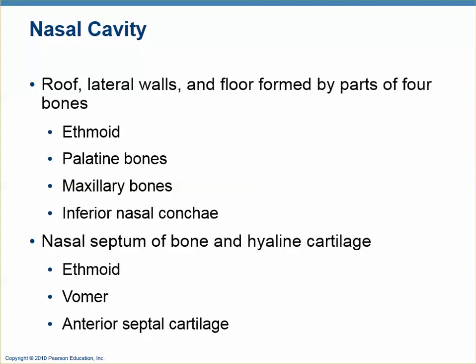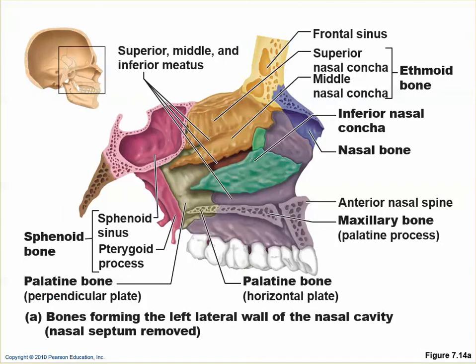There are 3 meatus and 3 conchae. The superior is formed by the ethmoid bone, and that's the olfactory region. Again, same picture, it's here.